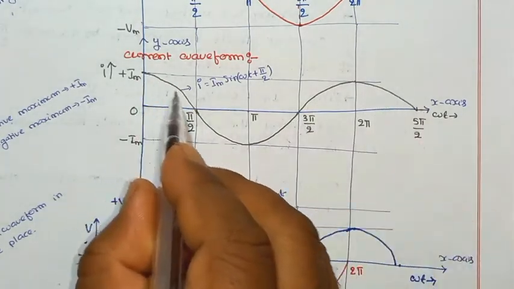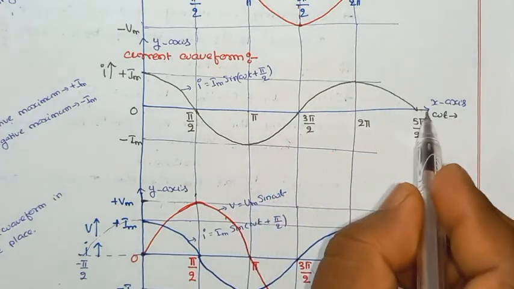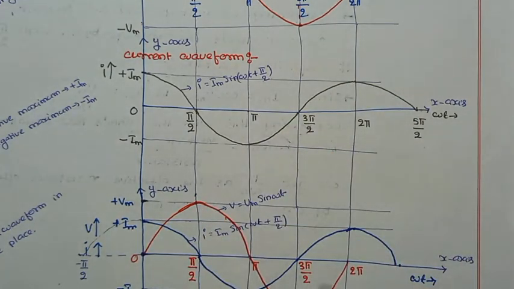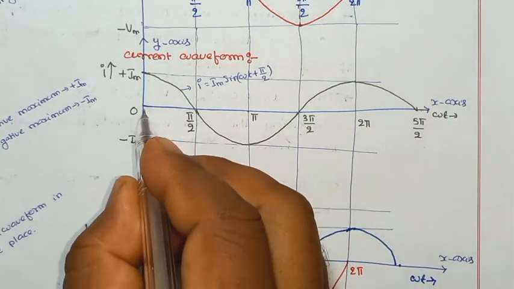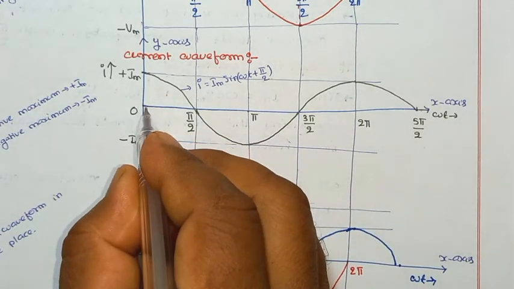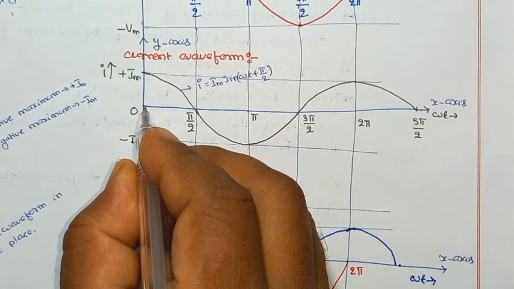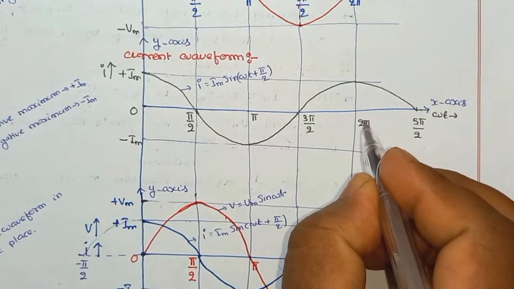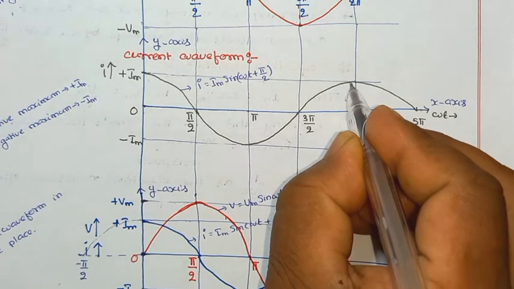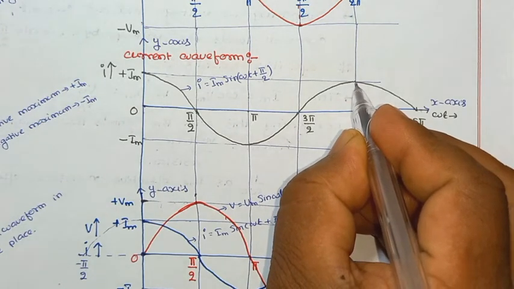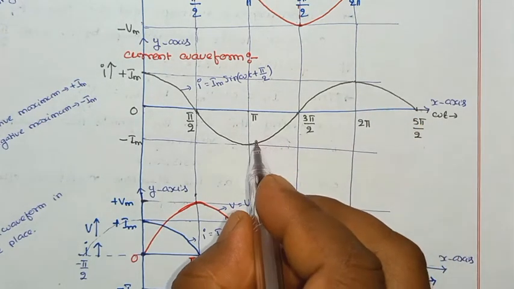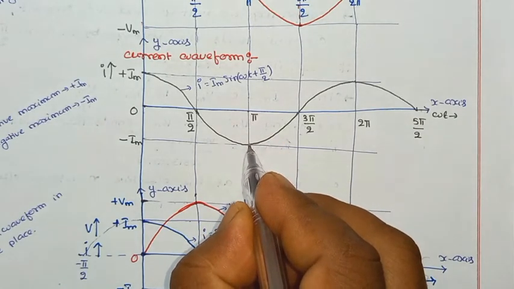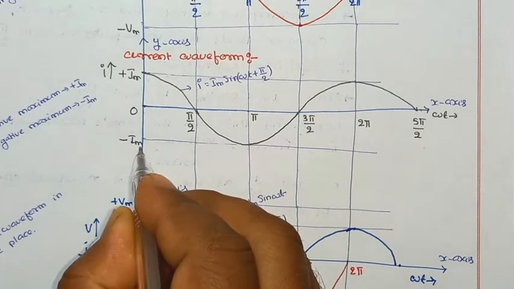So this current waveform is I is equal to Im sin omega t plus pi by 2. So the current becomes maximum at omega t is equal to 0, that is positive maximum plus Im, and again at omega t is equal to 2 pi, it is positive maximum, that is plus Im. At omega t is equal to pi, it becomes negative maximum, minus Im.